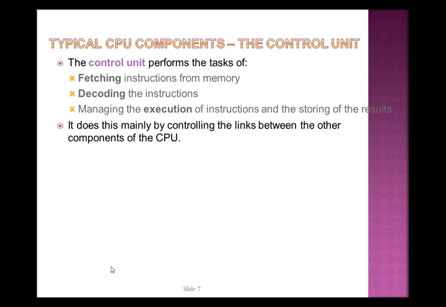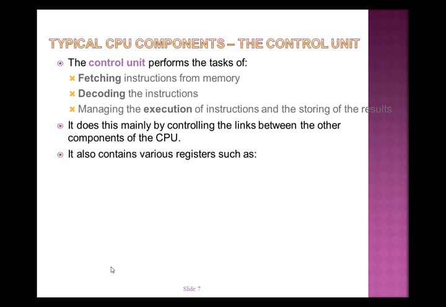Next, the control unit does this mainly by controlling the links between the other components of the CPU. That is the main target of using the control unit, for controlling the links.